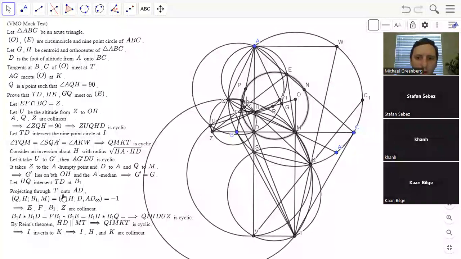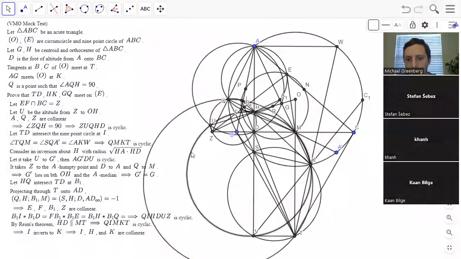Oh, I think we might be able to use the radical axis theorem to finish it. So this circle, and what were the three circles I had in mind? And this one. So we want to show QI, MK, and ZH concur.